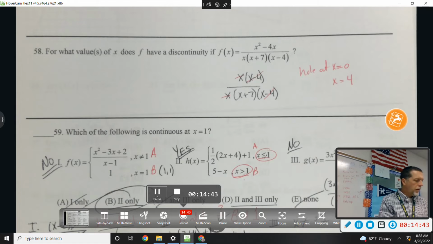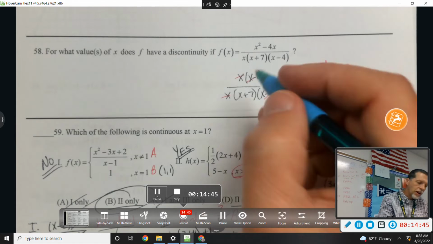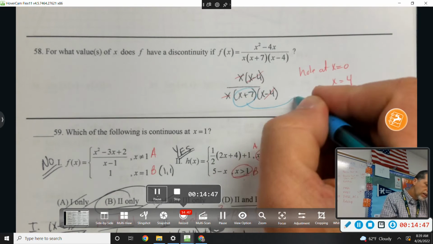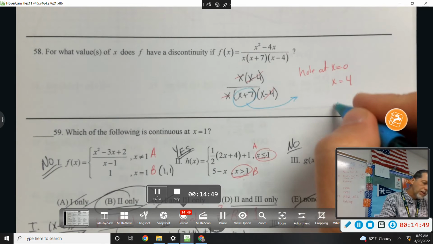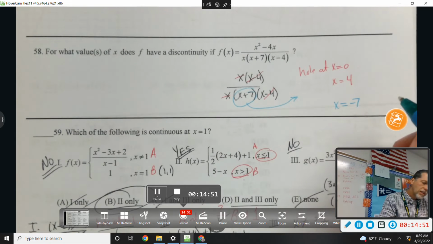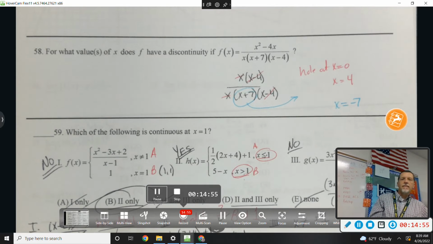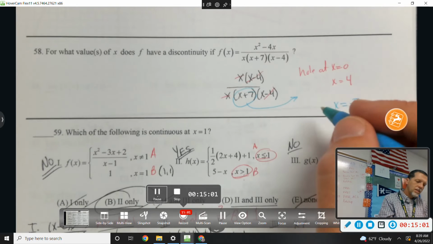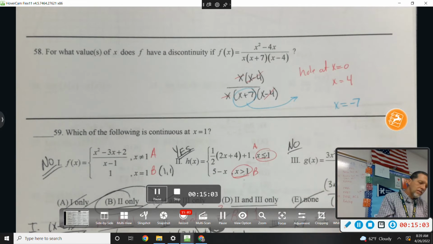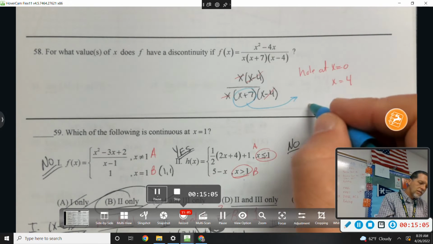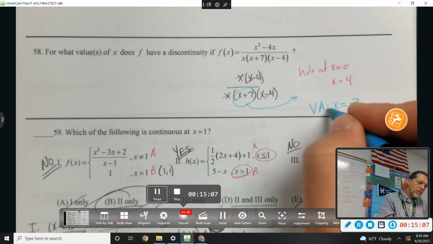What about x plus 7? What's going on at x equals negative 7? What's happening if a factor at the bottom won't cancel? That's a vertical asymptote.